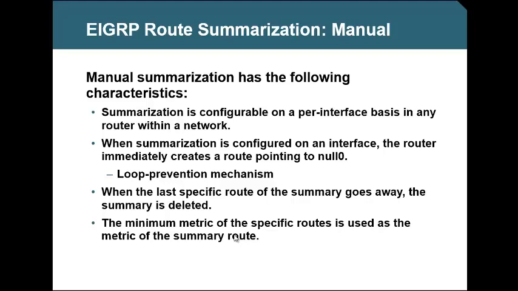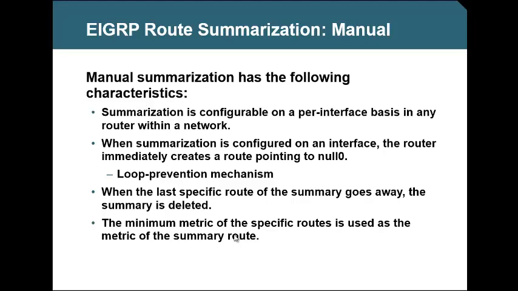And if you have different metrics from the different specific subnets that we have summarized, the smallest metric, the minimum metric of the specific routes, will be used as the metric of the summary route.